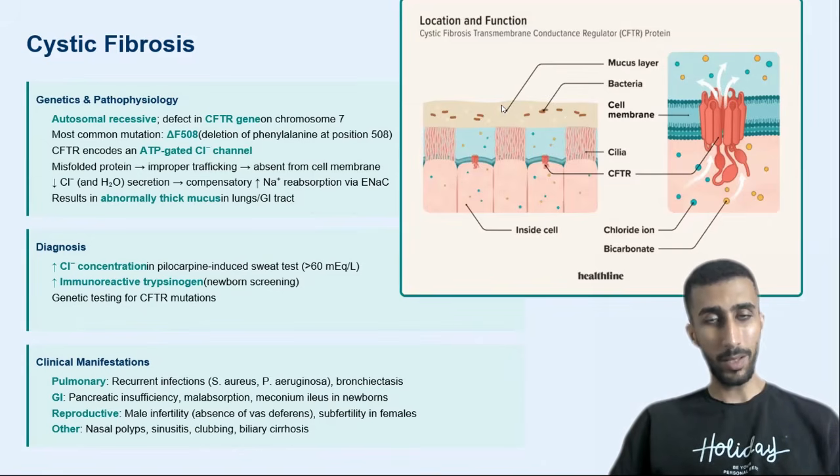But here it has lost its regulation, and the sodium is absorbed into the cells, and consequently the mucus layer will be very viscous because of two factors. First is the loss of secretion of chloride due to the defect of this ATP-gated chloride channel, and secondly the loss of regulation of ENaC and more absorption of sodium.